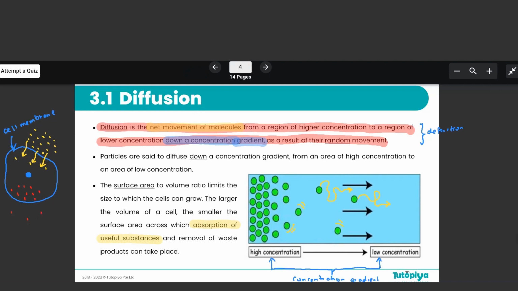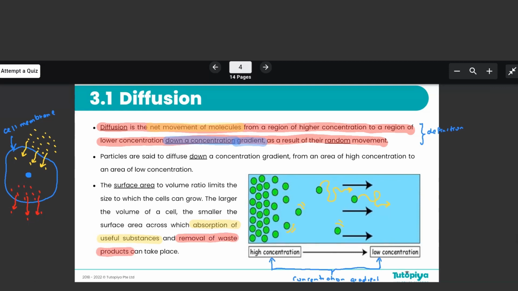So you can now understand that when one region has a high concentration and another region has a low concentration, diffusion is going to take place and these particles are going to move down the concentration gradient. So in other words, these waste substances will move out of the cell, right? So diffusion is also important in the removal of waste products outside the cell.